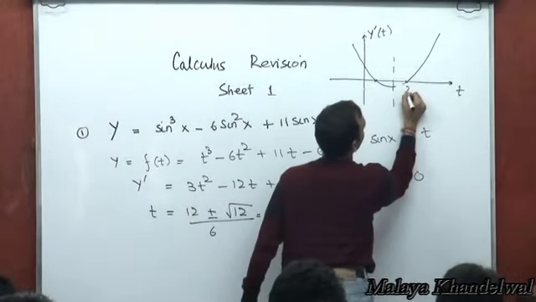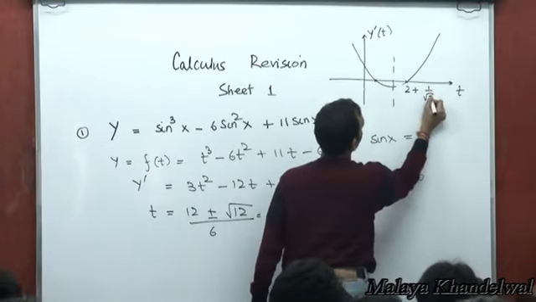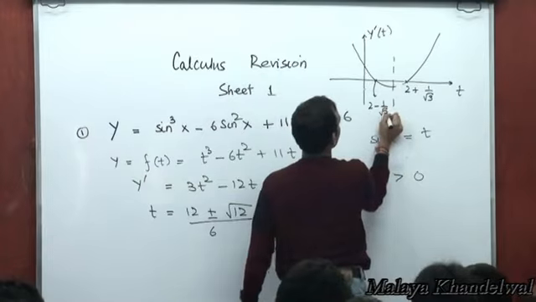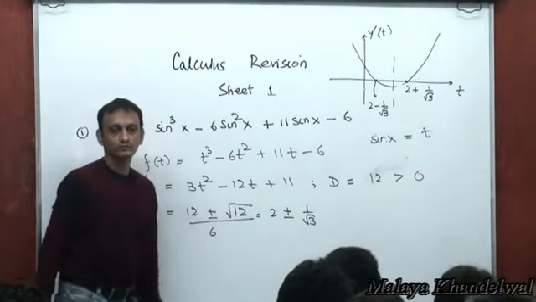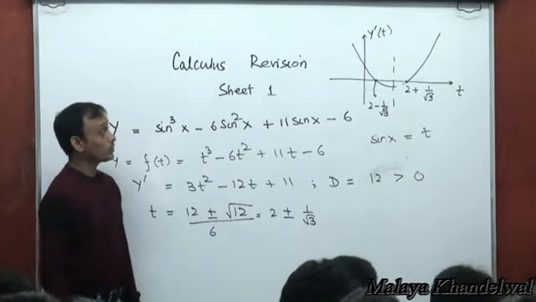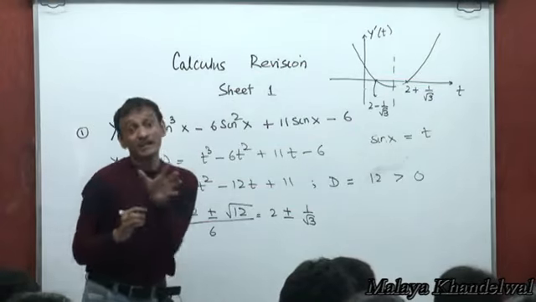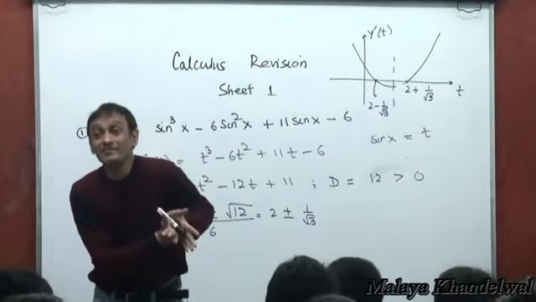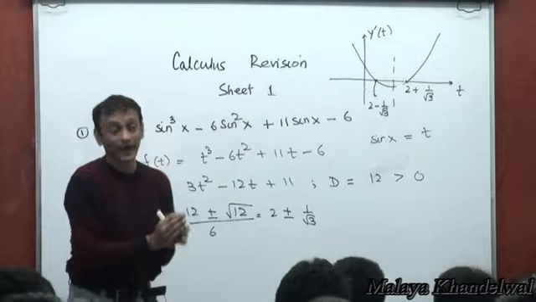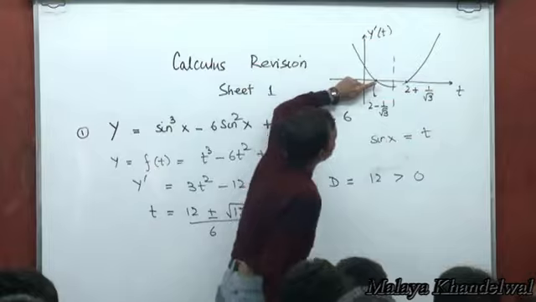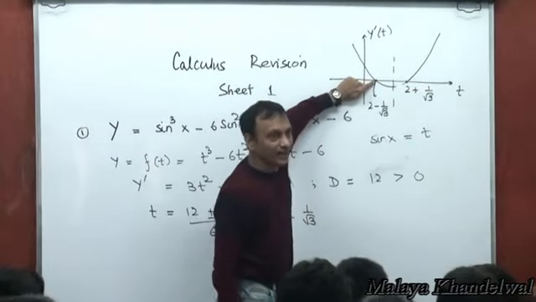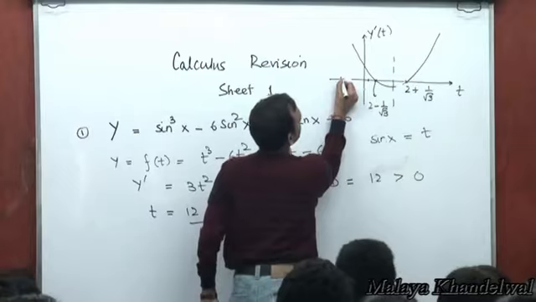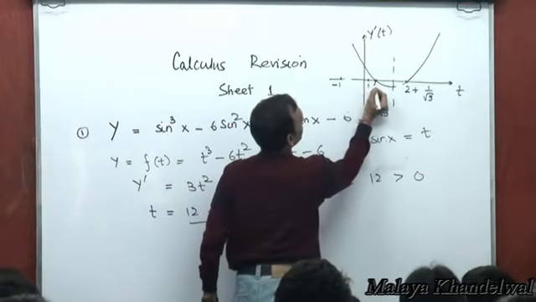So this is 2 plus 1 by root 3 and this is 2 minus 1 by root 3, right? But now the relevant values of t are those that are less than 1 and greater than minus 1. This is t slightly greater than 1, right? So t equal to 1 will lie somewhere here, t equal to minus 1 will lie somewhere here.